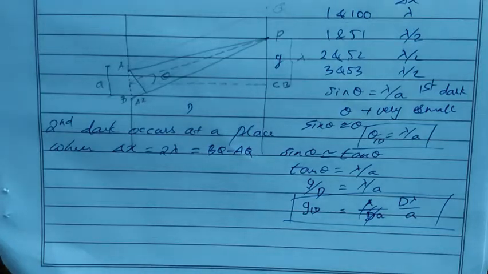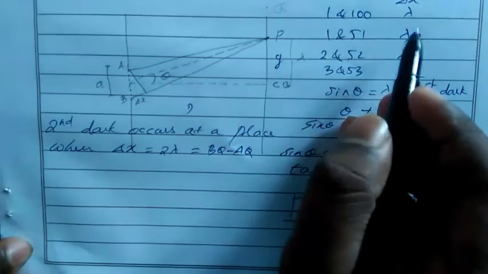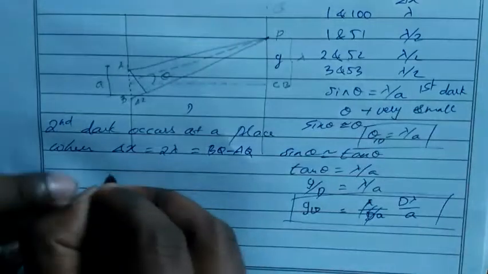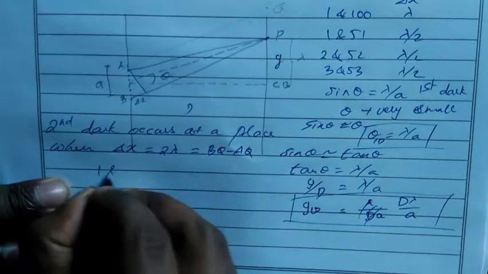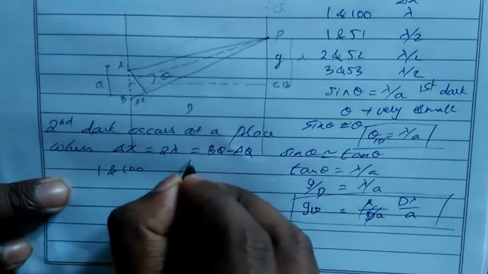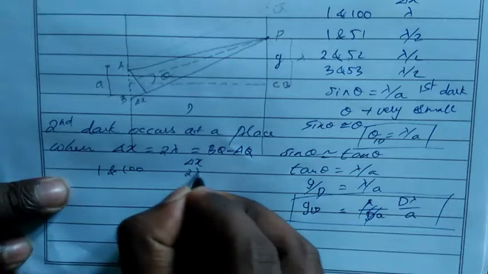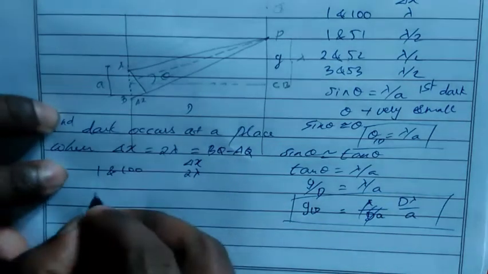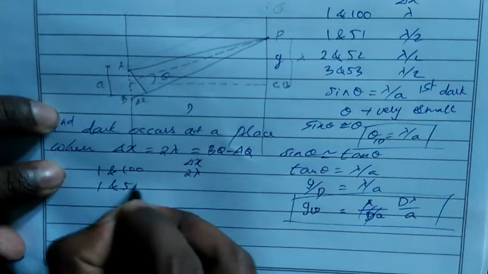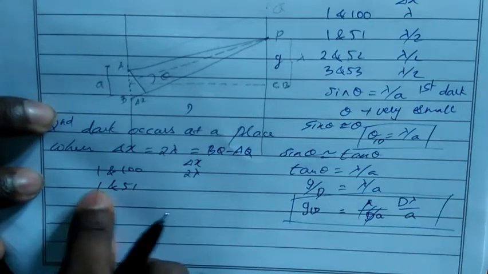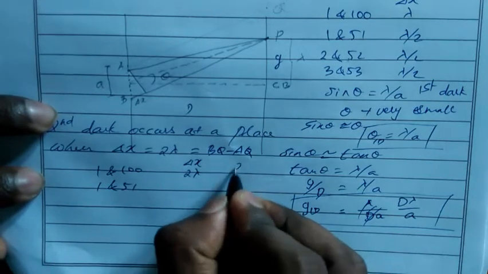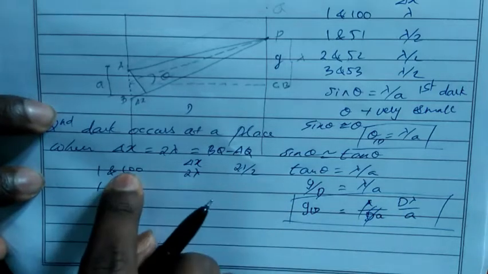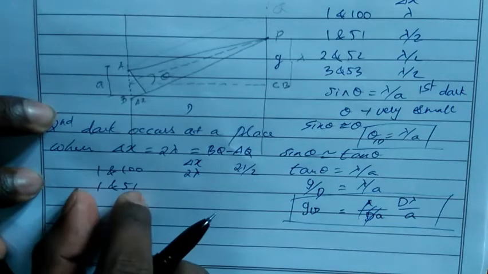Now here we take 1 to 100 waves, we have path difference as 2 lambda. Correct? Then what is the value for 1 to 51? The difference is 50.